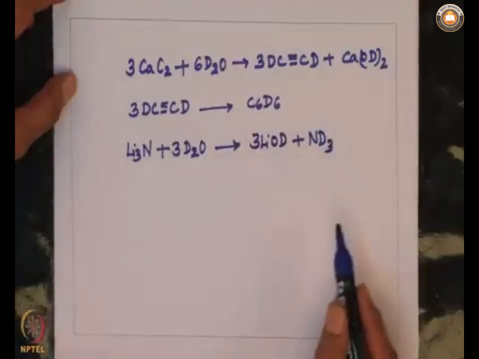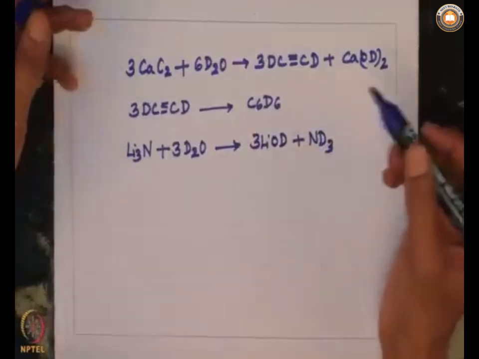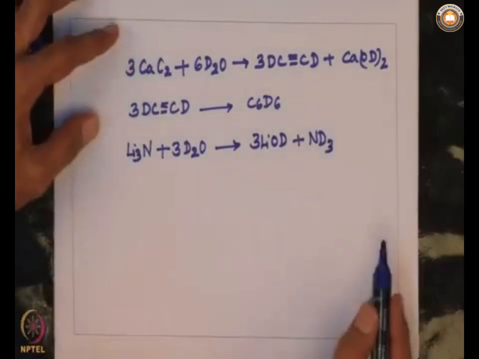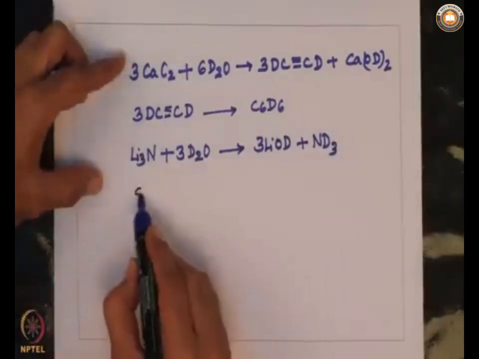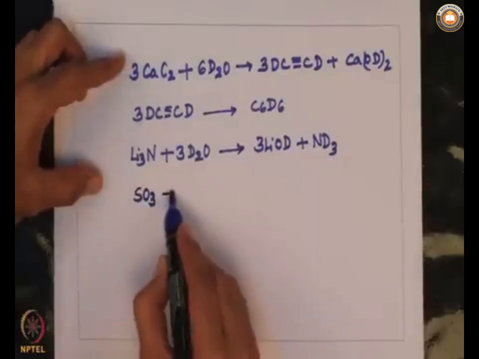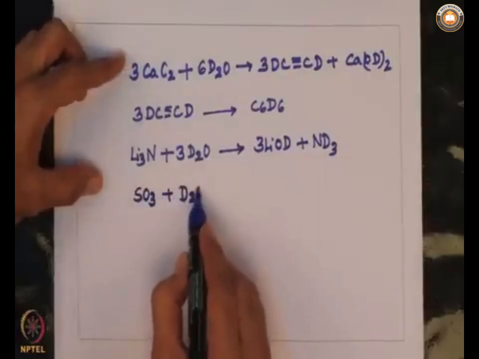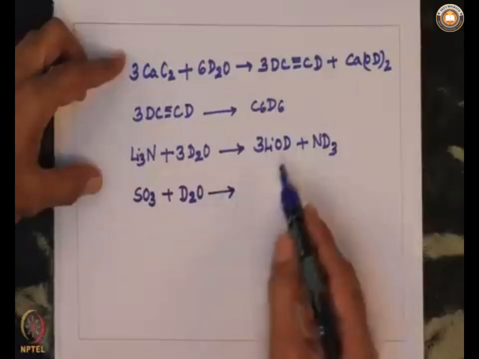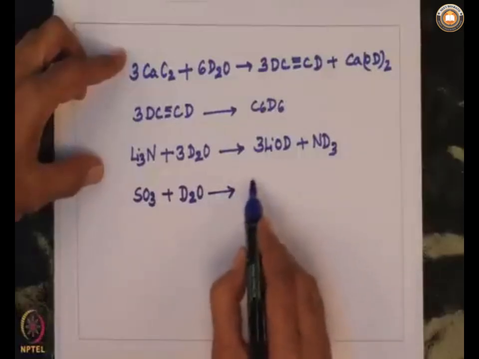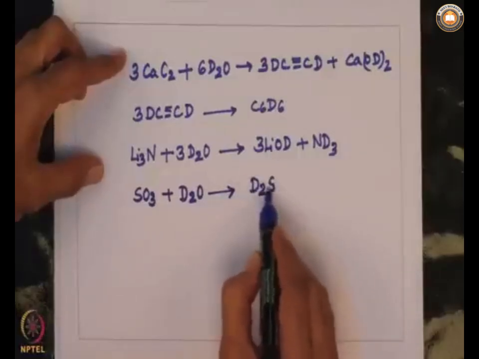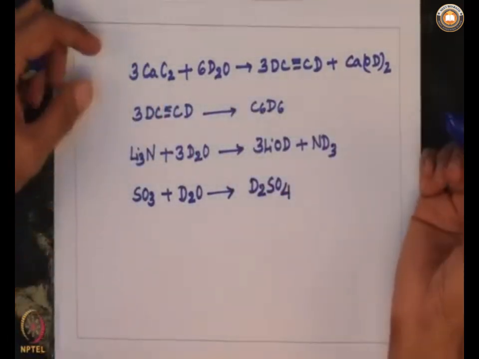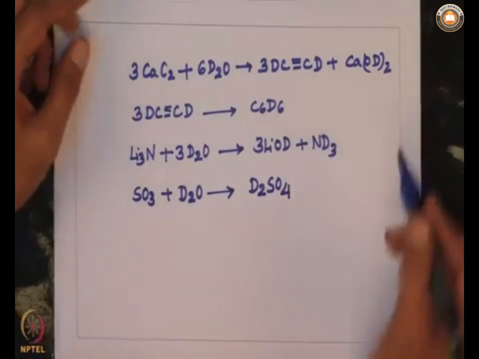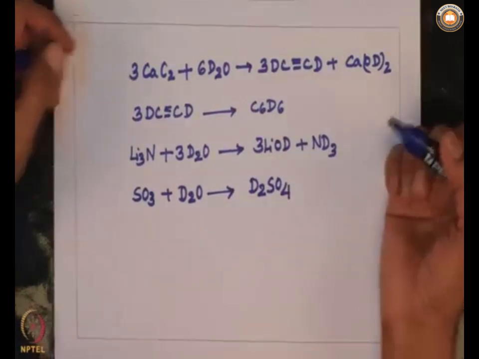Similarly, one can also prepare D2SO4, the analog of H2SO4, by treating SO3 directly with D2O. These are some of the methods used for the preparation of deuterated reagents.